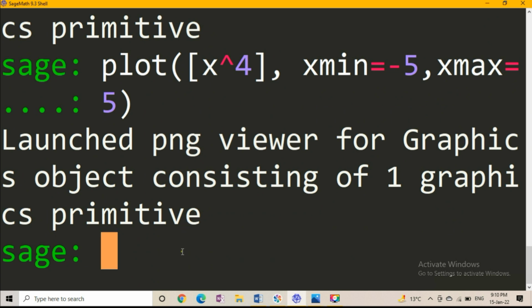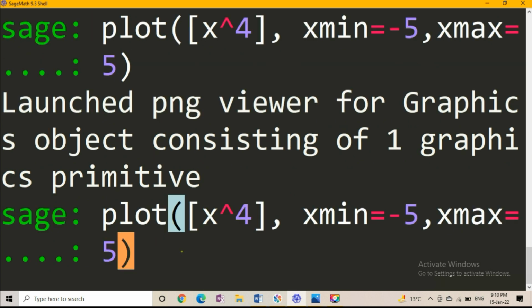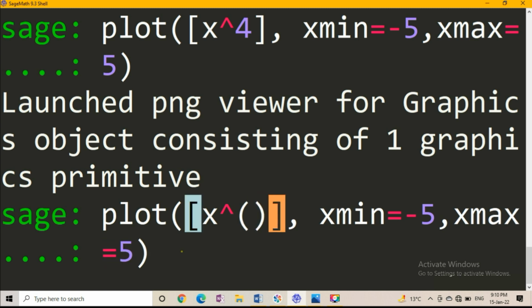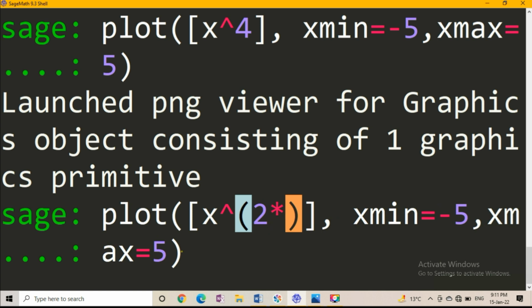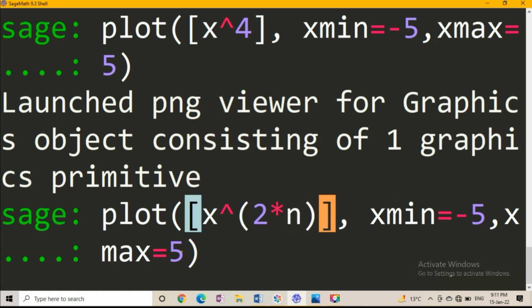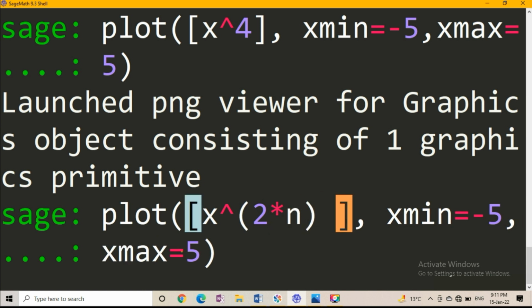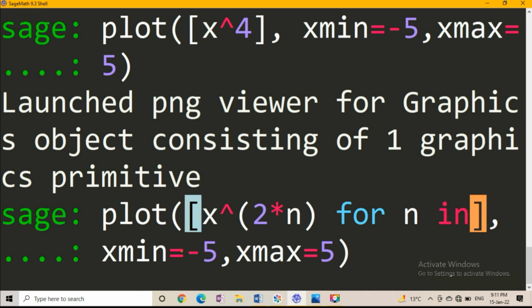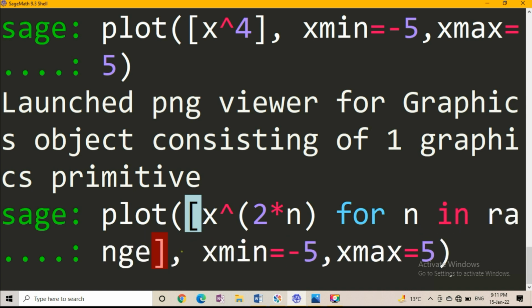Now come on to the graph of x to the power 2n. So we write plot in parentheses, then we put a square bracket, and in the square bracket we write 2 star n, for n in range.